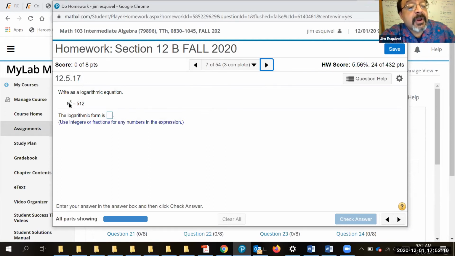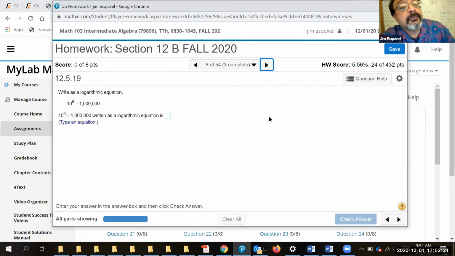Now you're supposed to write this as a logarithm. So you're supposed to convert this into logarithms. So let me pick a different one. Here's a good one. 10 to the 6th is 1,000,000.